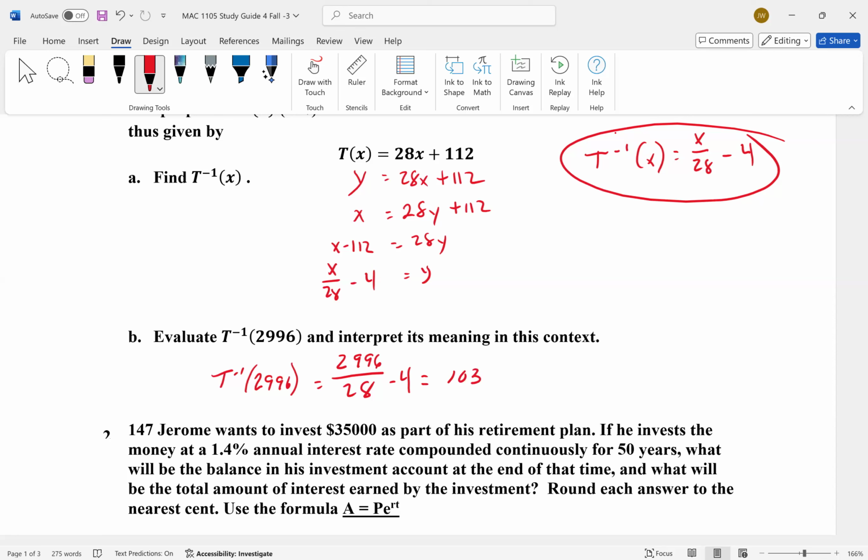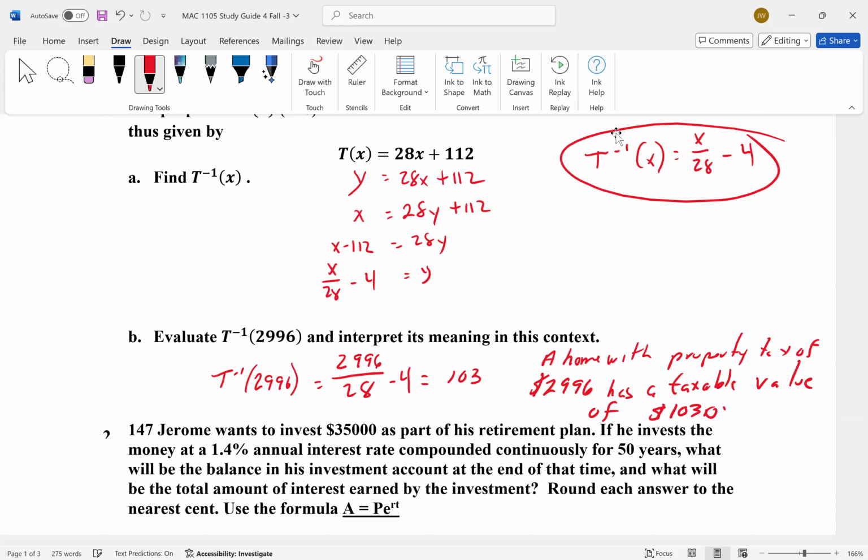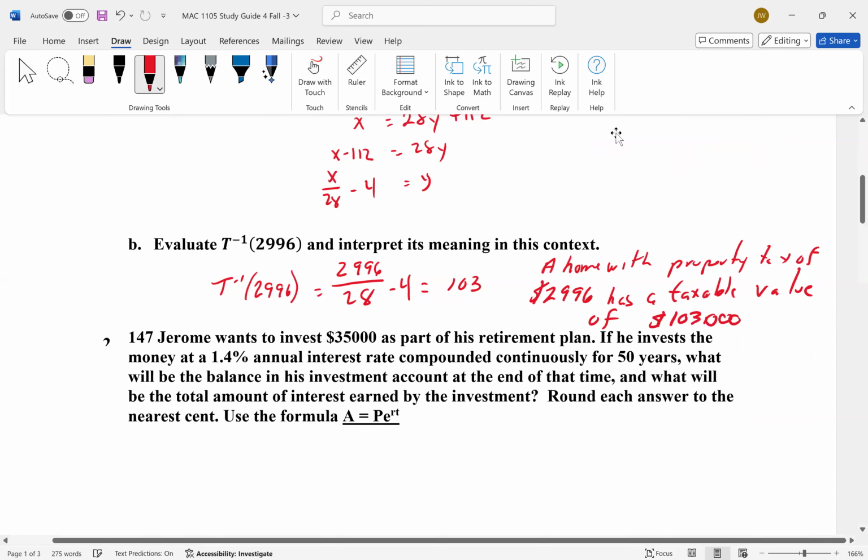This means a home with property tax of $2,996 has a taxable value of $103,000. And that's it.